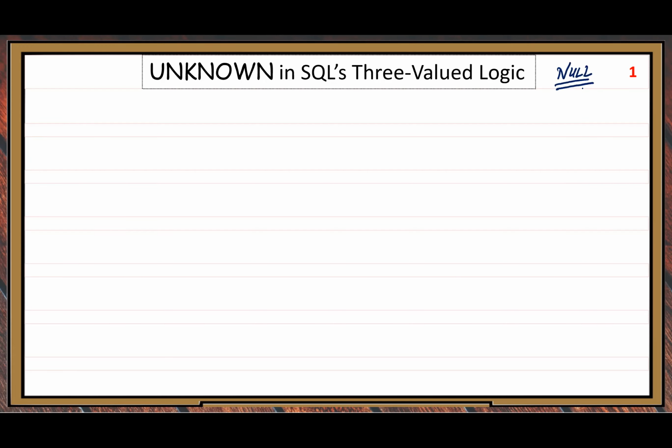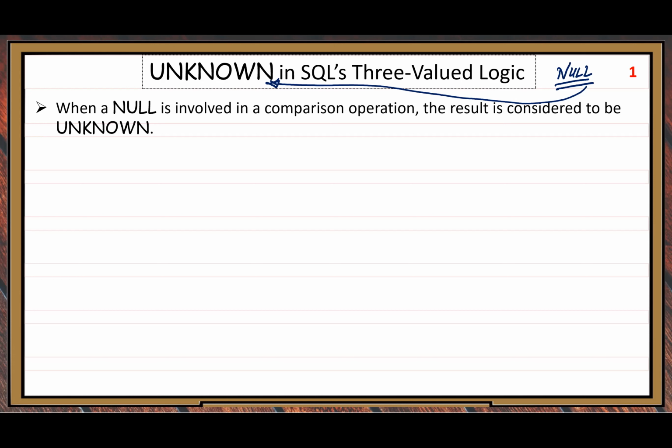This null value could be entered as your data for certain fields, but this would cause that possible unknown value. Boolean: true, false, unknown, the third one.